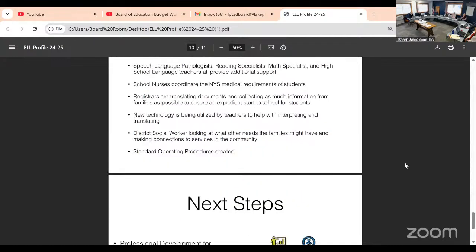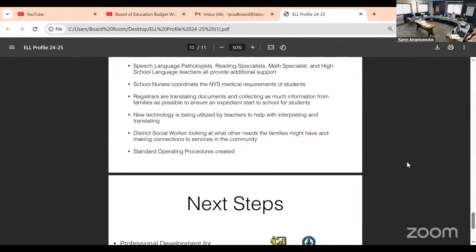Speech language pathologists, reading specialists, and the school nurses do quite a bit of work for our English language learners. They help make sure they have all the appropriate vaccinations that New York State schools require, and that they're receiving insurance and things like that. So it is a team effort.